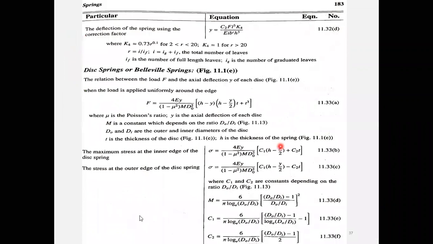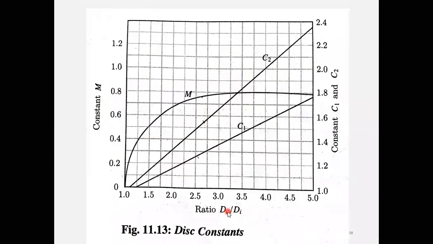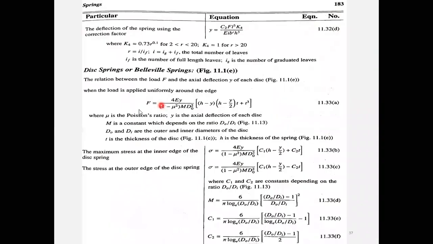Therefore, for the load for flattening the spring, you have to use the load equation, 11.33a. In this case, you have to substitute the value of H is equal to Y. Why? Because the entire thickness has to be flattened.